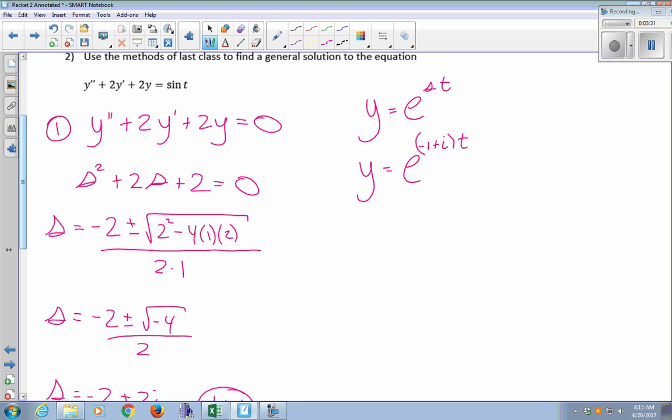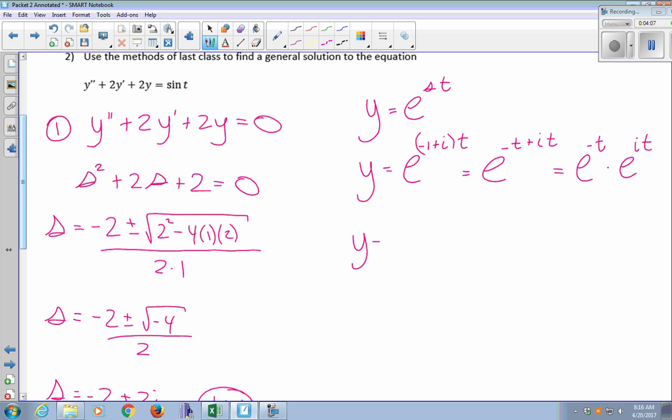First I'm just going to distribute this t. So I have e to the negative t plus it. Then I'm going to do my little trick that we've done a lot this semester where I rewrite this as e to the negative t times e to the it, because when you multiply like bases, you add the exponents. So we're doing the reverse of the way you've seen that rule used.